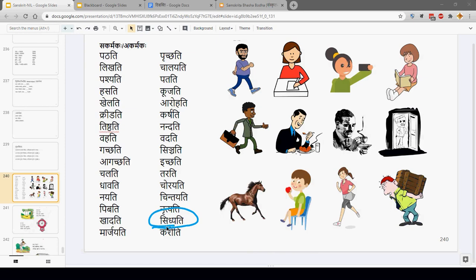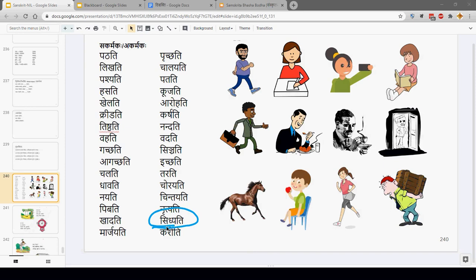Now this one. Siddhyati. Siddhyati means... Sorry, I'm cheating, I'm typing in the dictionary. Yeah, that's fine.